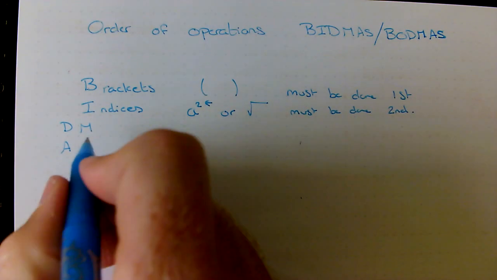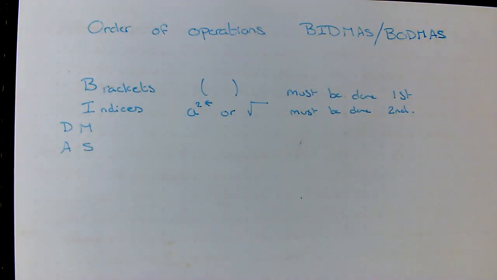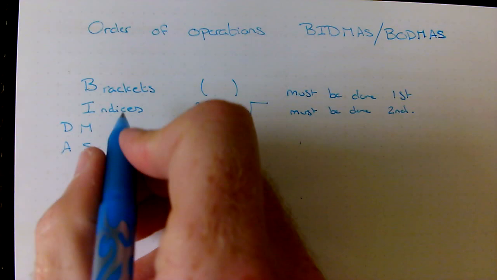Now the D and the M, now I've written them level like that because they are of equal importance. Okay, the D and the M is division and multiplication, but they are equally important.